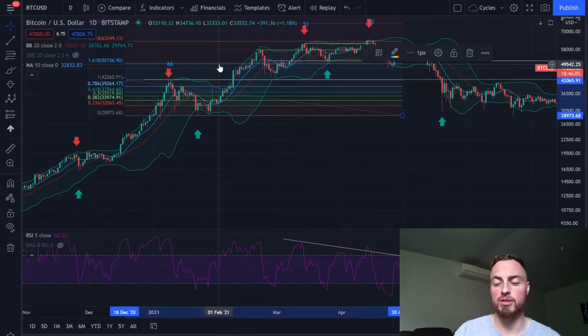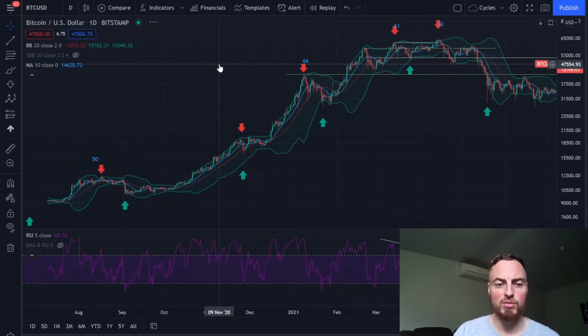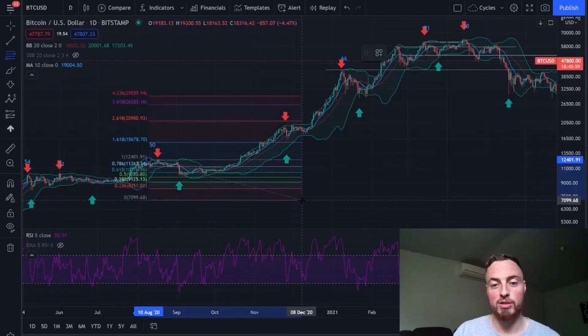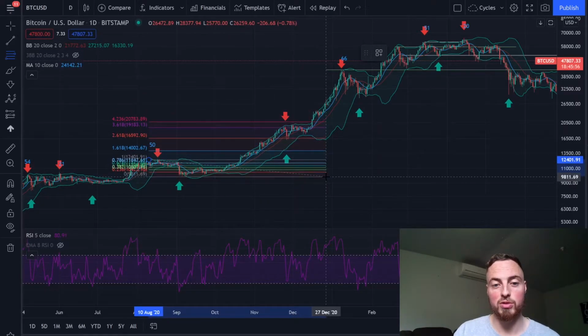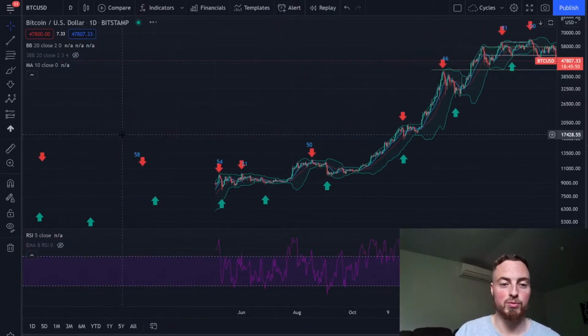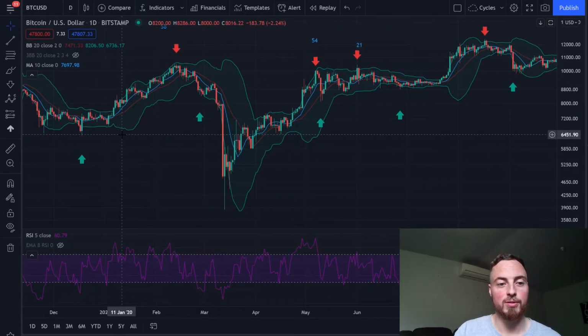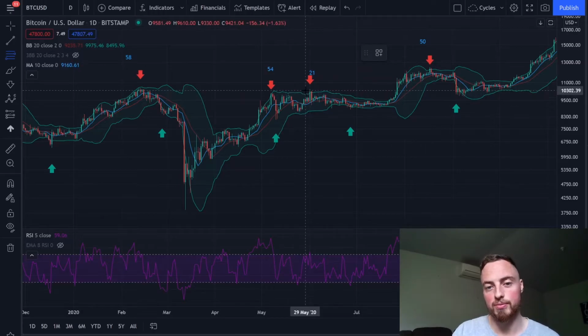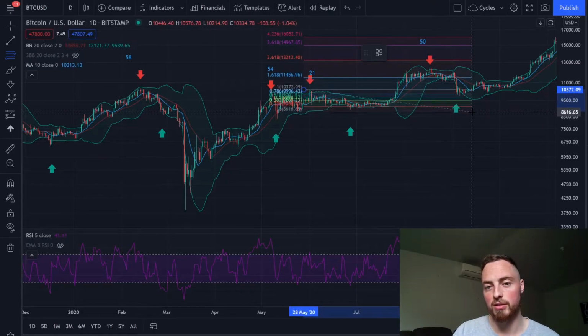The most common target is that 2.16 level. Let's have a look at a couple other little cycles like this. We went to the 3.618 here. Where else can we look? Let's look at this one, just for argument's sake.